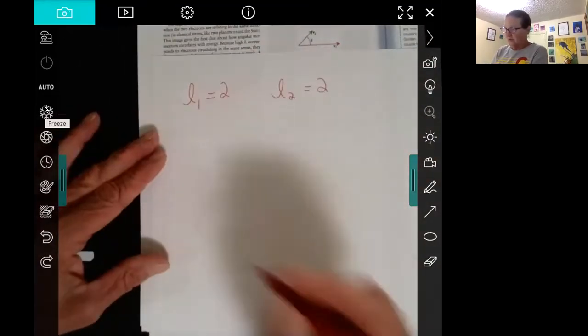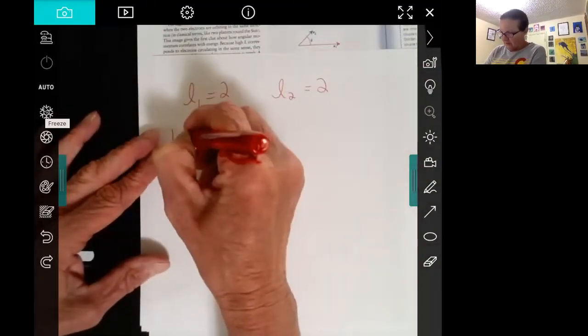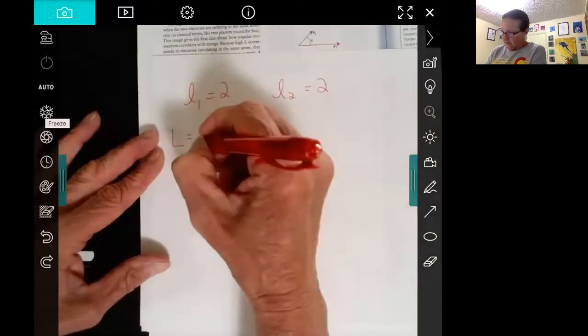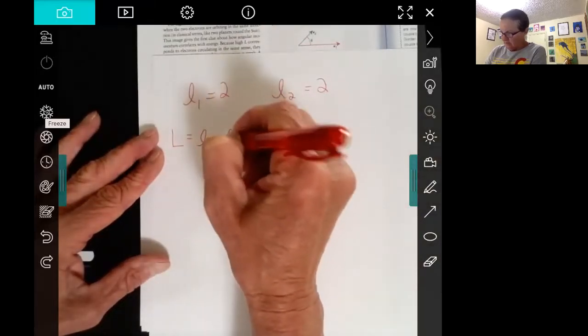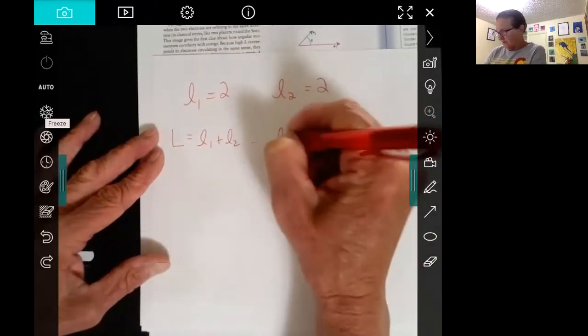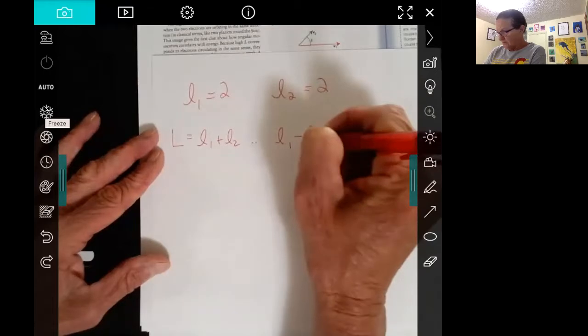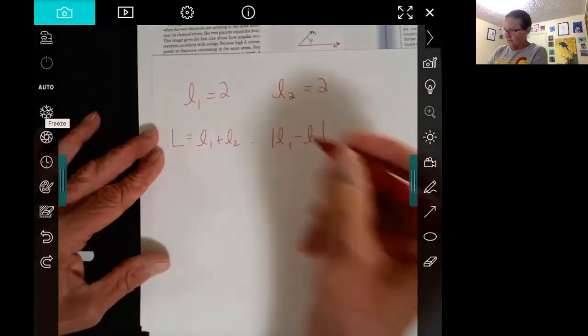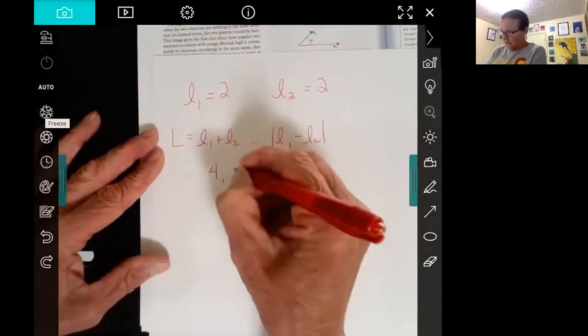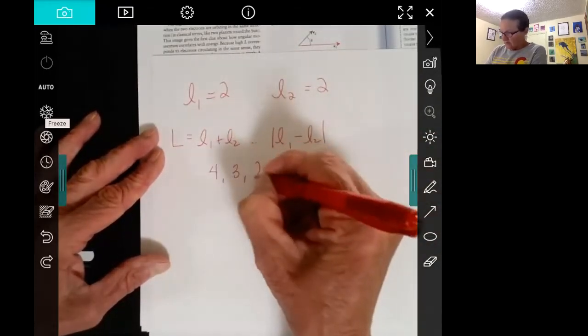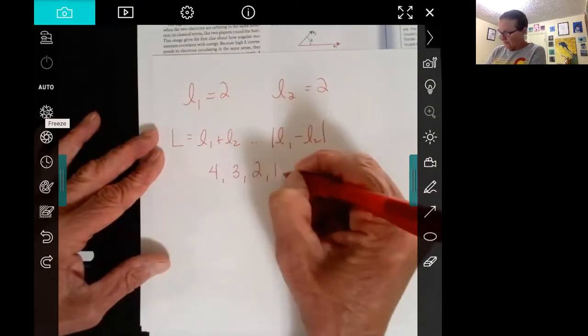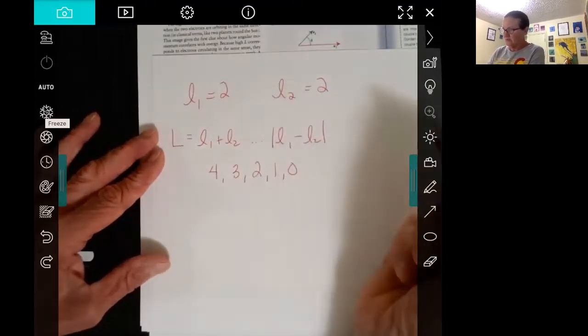If we want to figure out what terms we have, L can be L1 plus L2, all the way down to the absolute value of L1 minus L2. So that would mean it can be 4, 3, 2, 1, and 0. 2 minus 2 is 0.